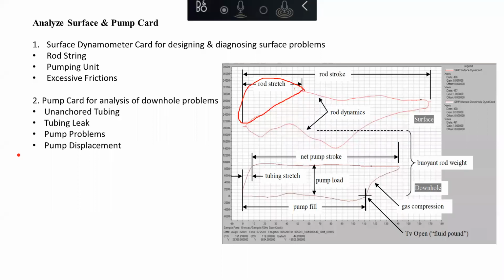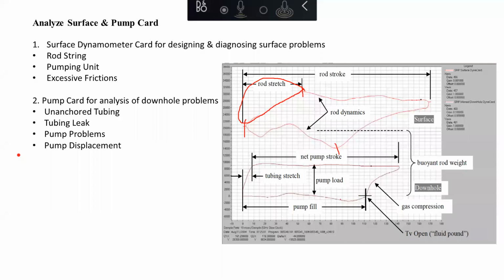This is indicated in your surface card. This is your rod stretch. This will be your original pump stroke, and because of the stretching, your effective pump stroke will be from this to this only. So there is a reduction in your stroke, which means you are going to lift less liquid.